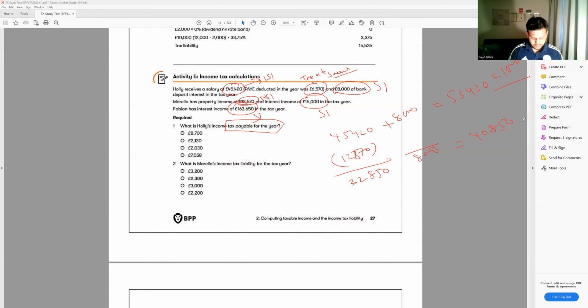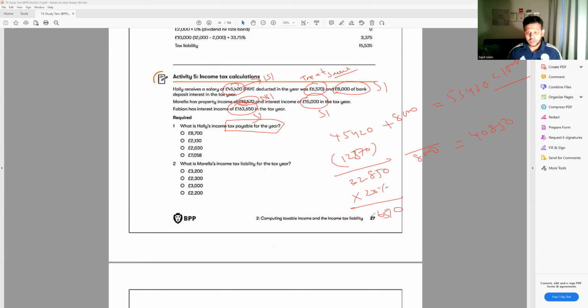So the first thing we need to do is find the non-saving, which is 32,850. We pay 20% tax on that because up to 37,700 is the basic rate. 32,850 times 20% gives me 6,570.